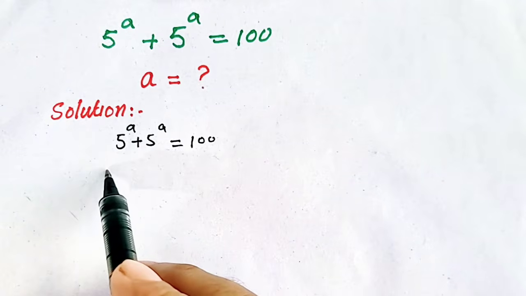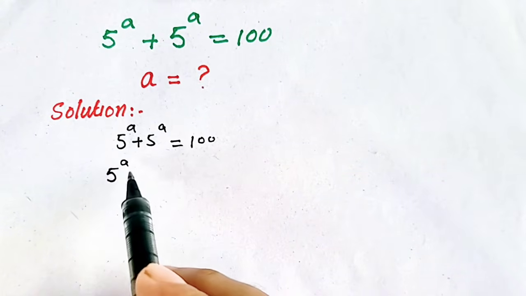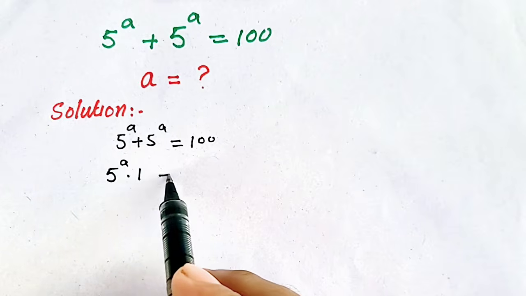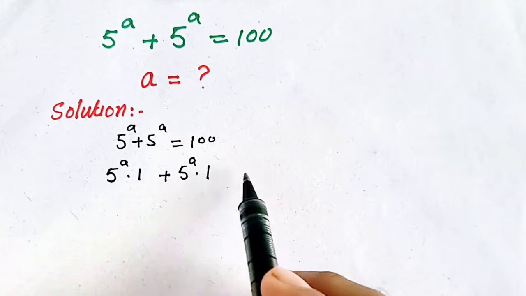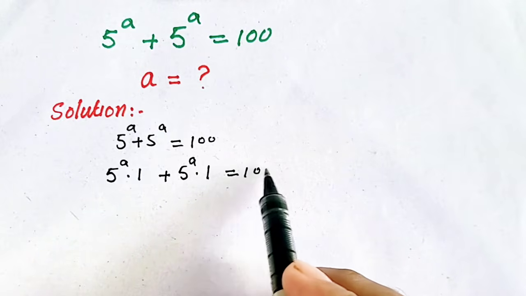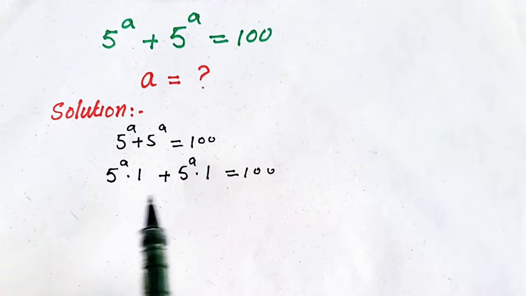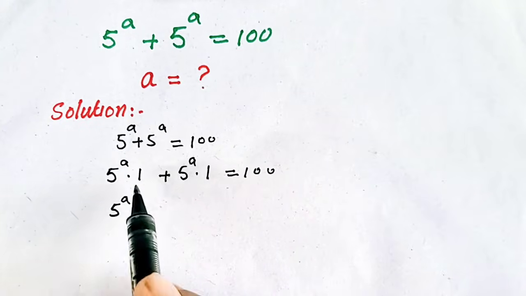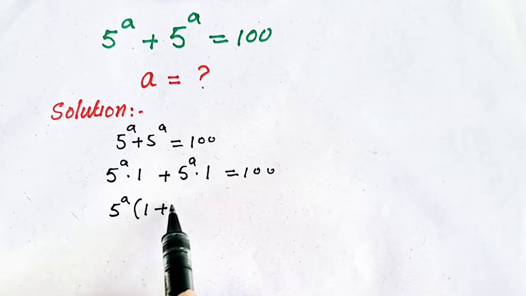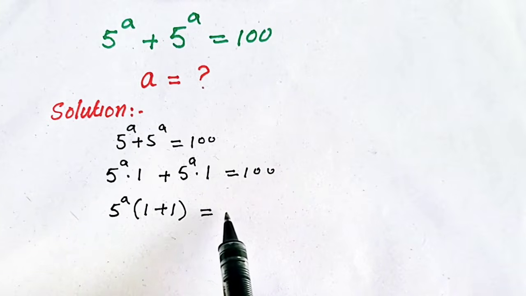So we can write it as 5 raised to a times 1 plus 5 raised to a times 1 is equal to 100. Here we can take 5 raised to a common. We will get 5 raised to a times (1 plus 1) is equal to 100.